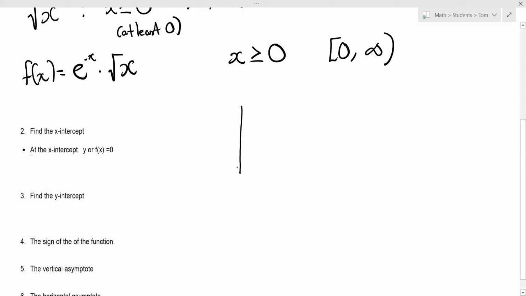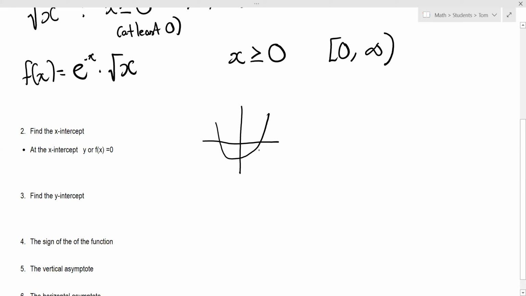Let's draw a graph. Sorry about my drawing. Let me use a curve this time. I'm not sure what to draw now. Okay, let me just use a quadratic curve.